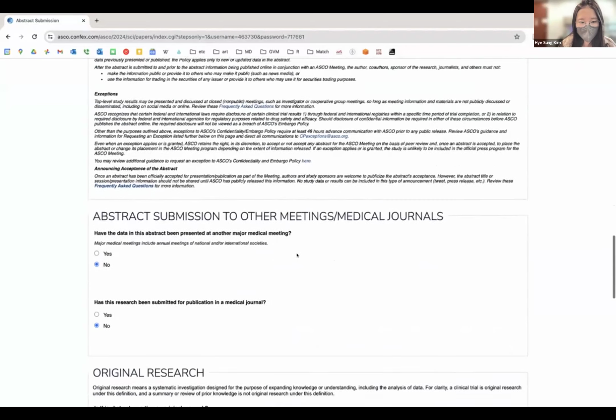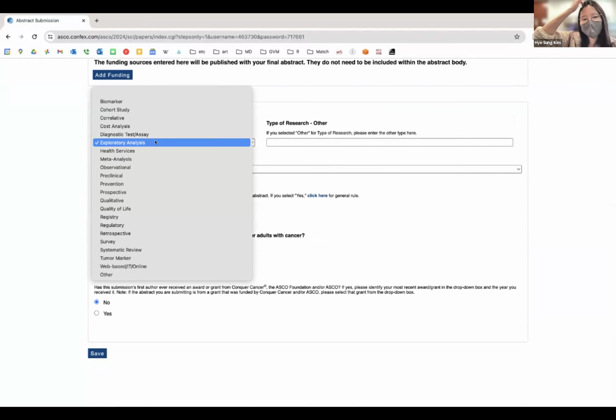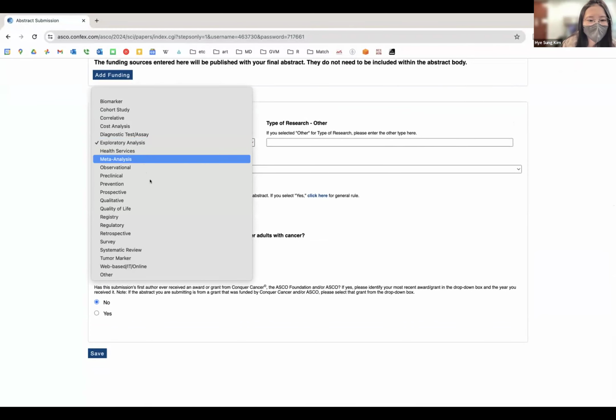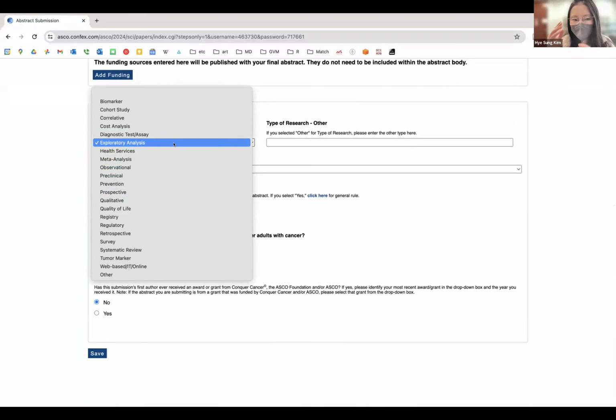This is the submission page, and at the bottom you see type of research. For the graft rejection PTM paper, I was thinking exploratory analysis. Other options are registry, and the retrospective is kind of boring. Which project is this? We can start with this one I'm submitting, the rejection PTM.